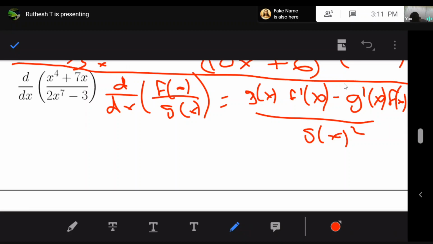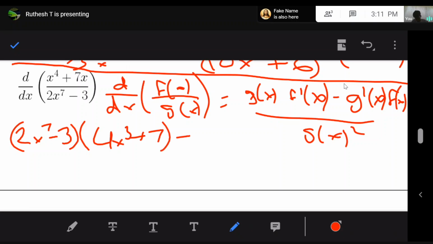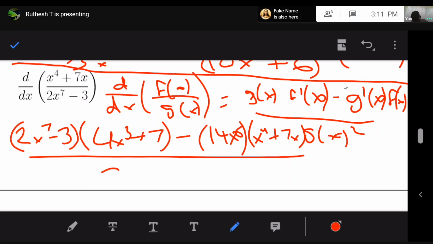So the bottom function is 2x to the 7 minus 3 times the derivative of the top one, which is 4x cubed plus 7, and then minus the derivative of the bottom function, 14x to the 6, times the top function, x to the 4 plus 7x, and then divided by (2x to the 7 minus 3) whole squared. And if you want to find the derivative of it at a certain point, all you do is plug in x.